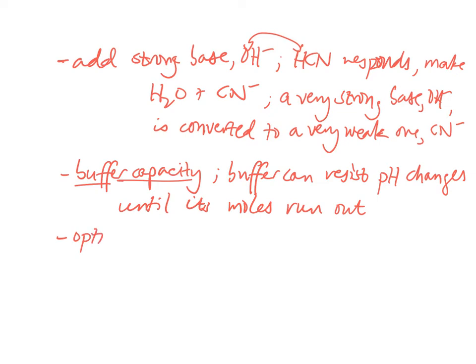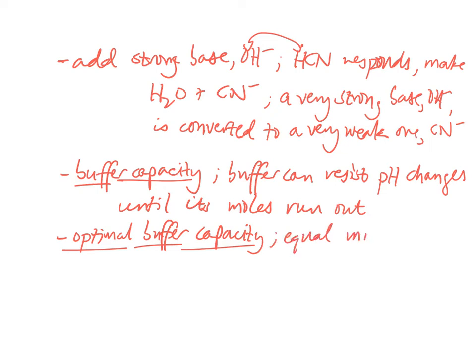There's another concept or two as well. One is called an optimal buffer capacity. And optimal buffer capacity is simply that you have equal numbers of moles of the 2 parts of the conjugates.